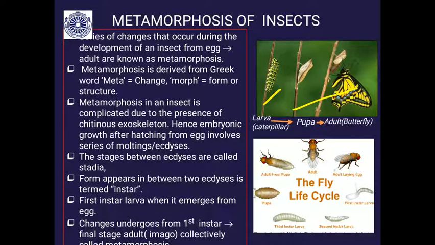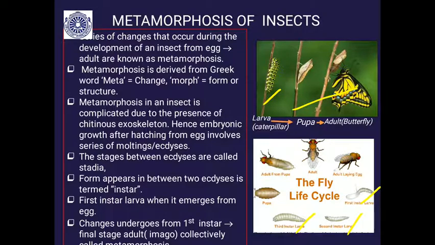The form that appears in between two ecdyses or moltings is termed an instar. So, this is the life cycle of a fly. You will be able to see the egg hatches into the first instar larva. It grows and undergoes molting, then the second instar larva.